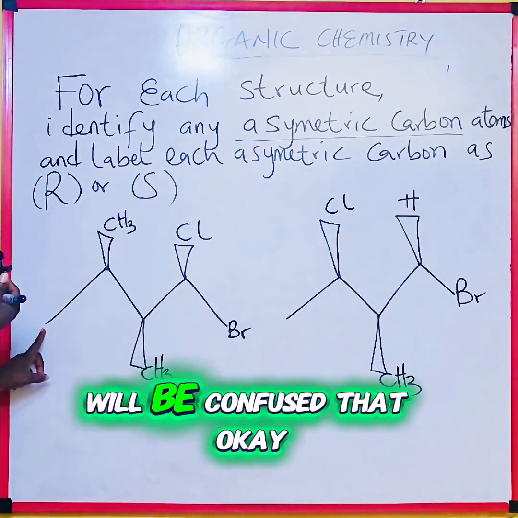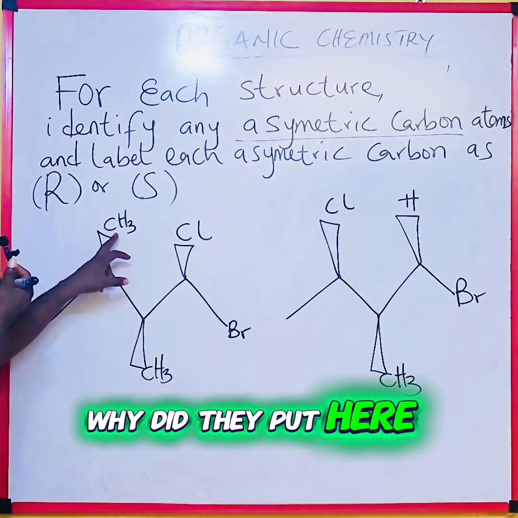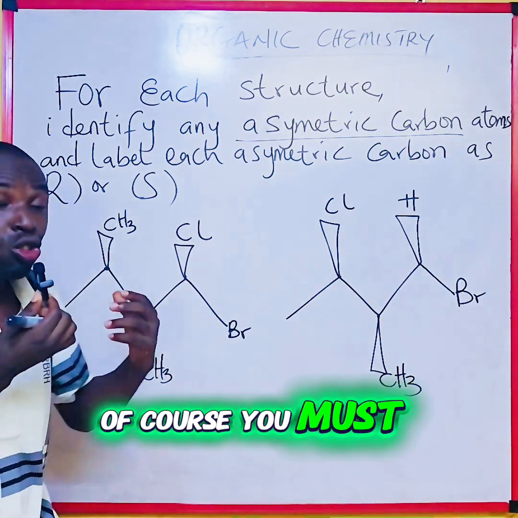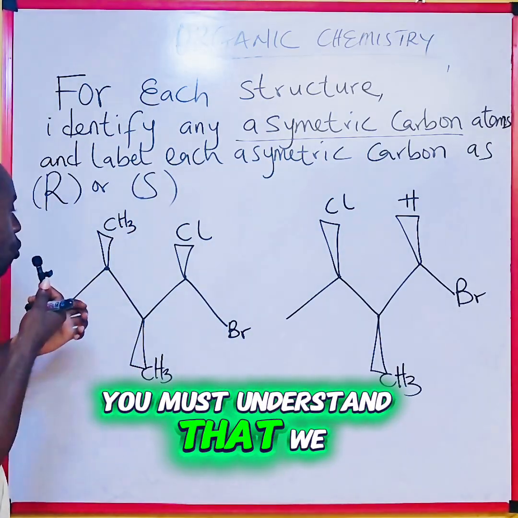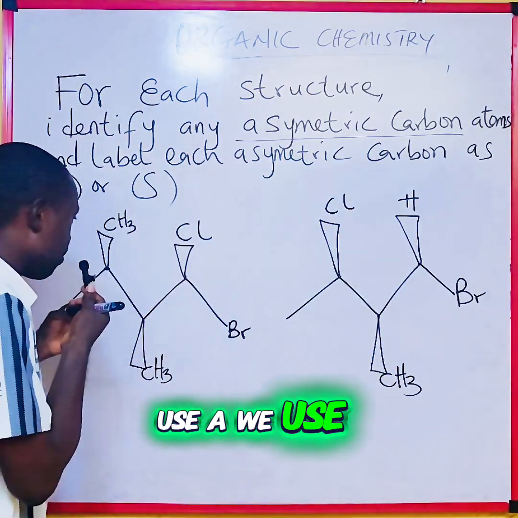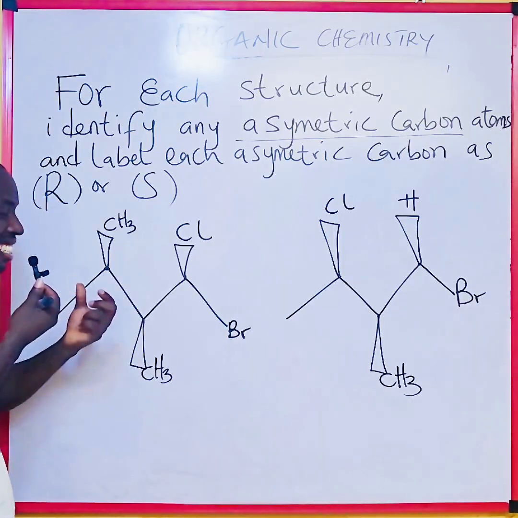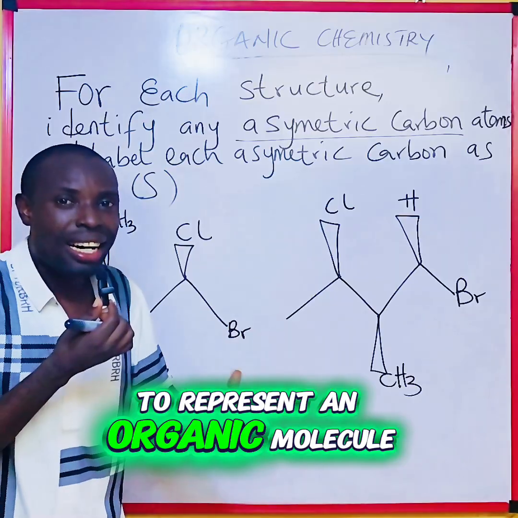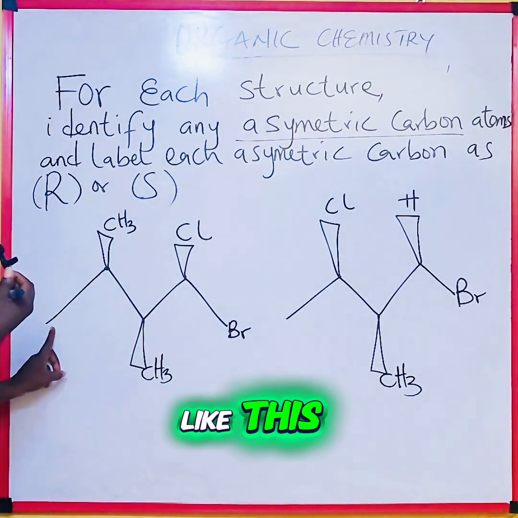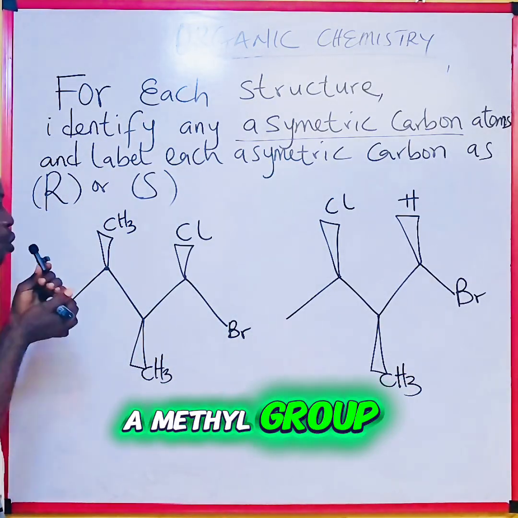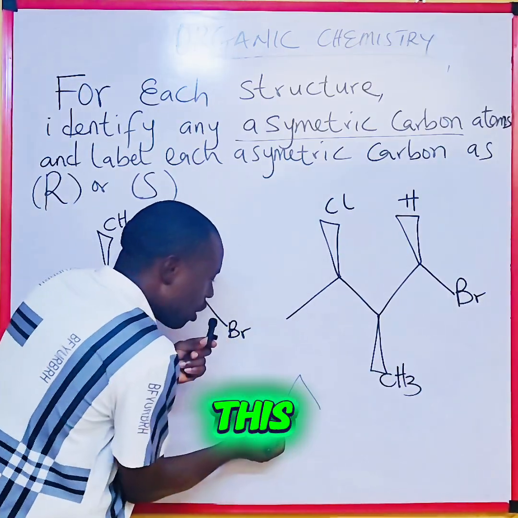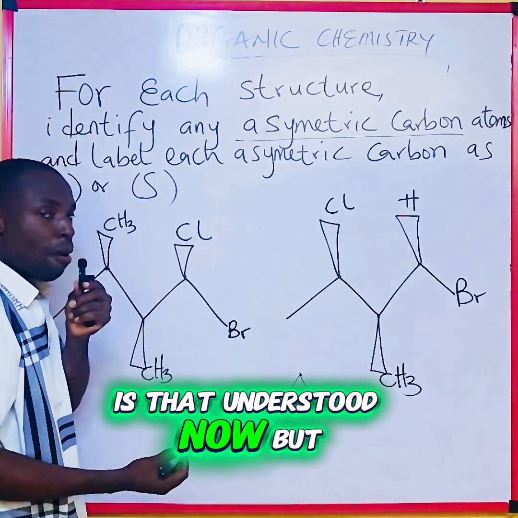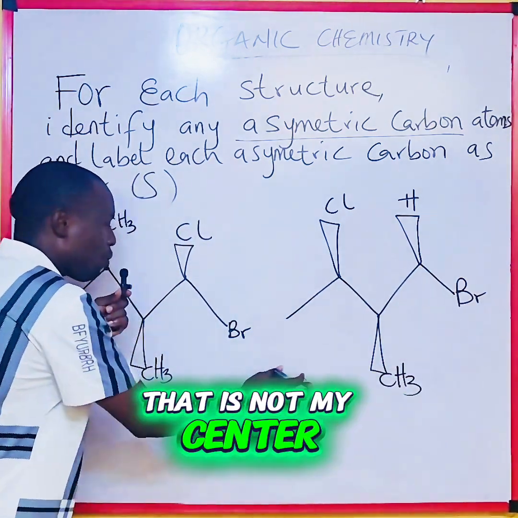A lot of people will be confused as to why they put a methyl group here and none here. Of course, you must understand that we use skeletal form to represent an organic molecule. When you see something like this, it simply shows it is a methyl group. When you see something like this, each edge signifies a carbon. Is that understood now? But that's not my center of focus.